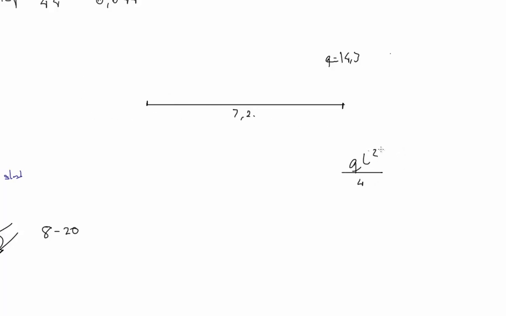I think so. So 14.3 times 7.21, this is the long one, A to B, right? I think it was. Divided by 4. 14.3 times 7.21 divided by 4 is equal to 105.8.